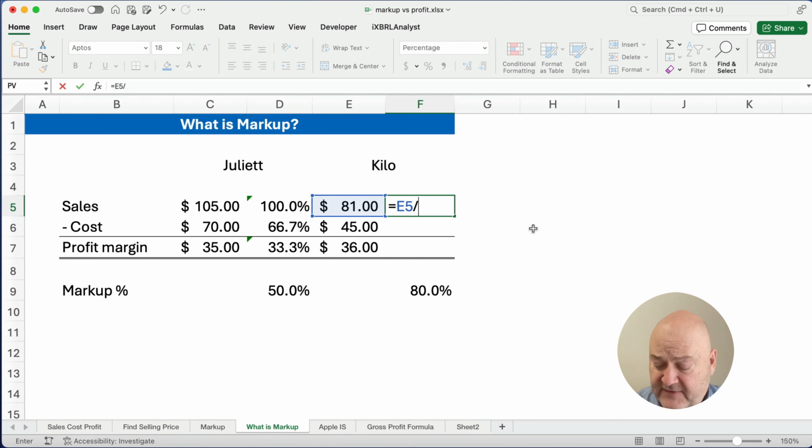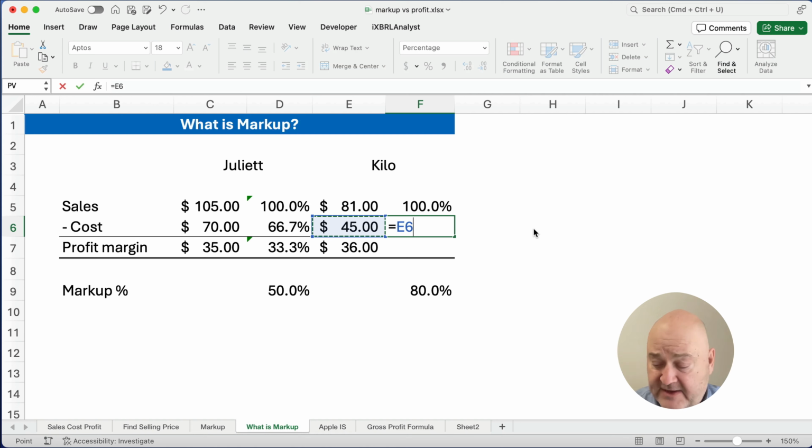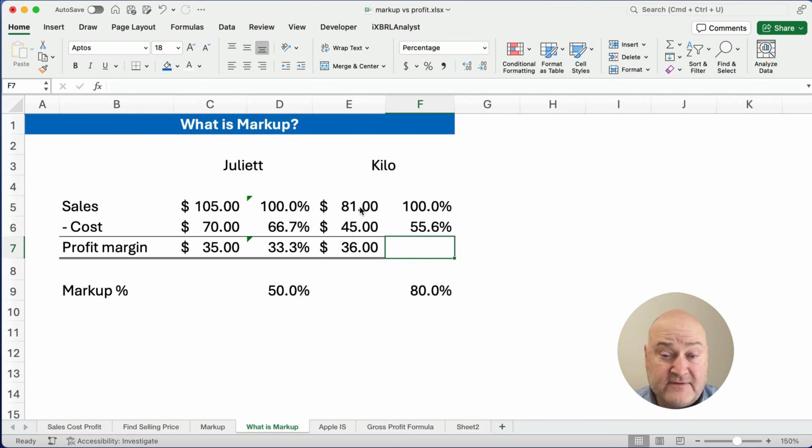So 81 divided by 81, that's going to be 100%. That's what we're dividing everything by here. And then 45 divided by 81, so we have 55.5% basically. So 36 divided by your 81, we have a profit margin of 44% when we have a markup of 80%.